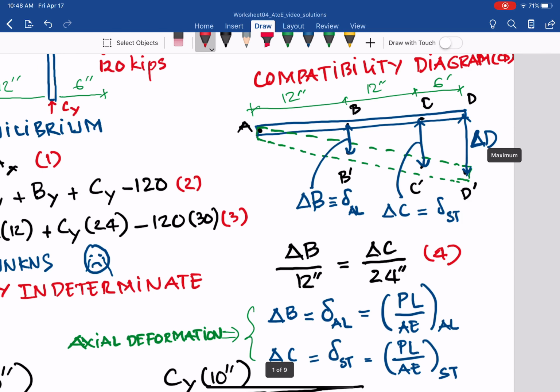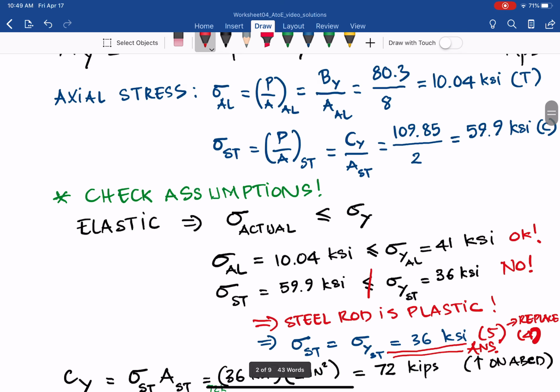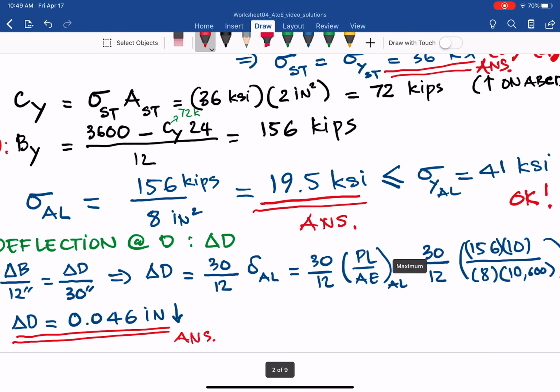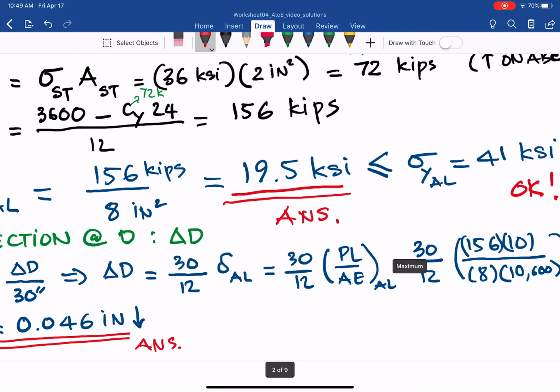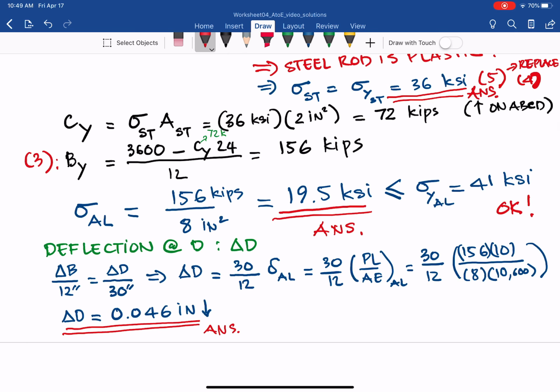The answer is yes, you can use that, but the problem is that when we find delta C, delta C is not the deformation of the steel that you can apply PL over AE to, because that equation for steel is no longer valid, because the steel rod in this case is in plastic. So let me make a note here.